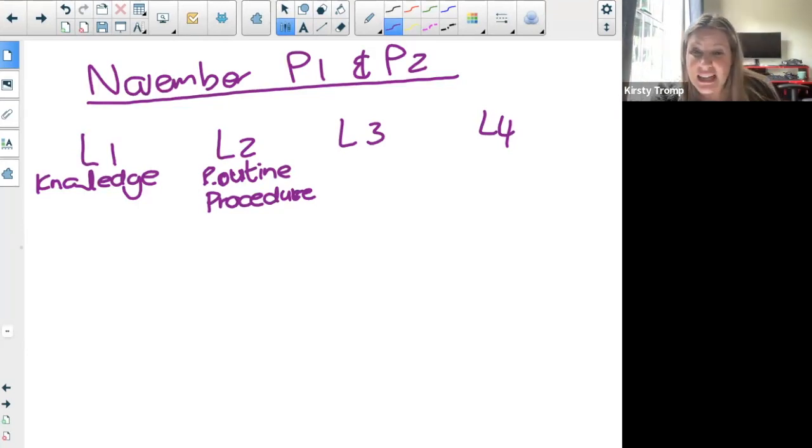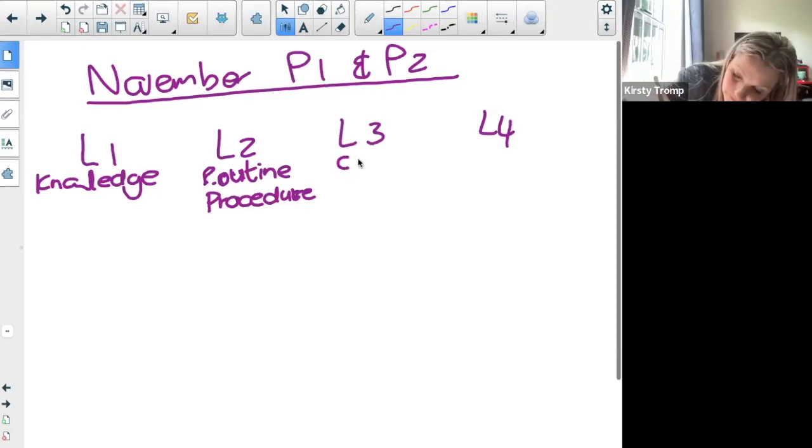You're looking at things like identification and direct use of the correct formula, so getting the right formula from your formula sheet, performing well-known procedures, simple application of calculations, all right? So those are your routine procedures.